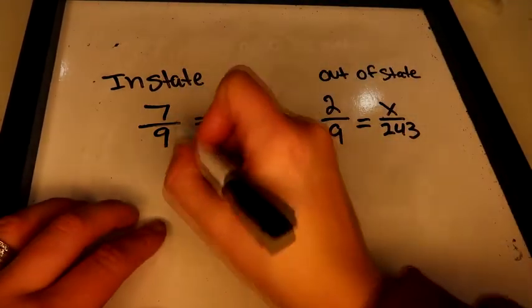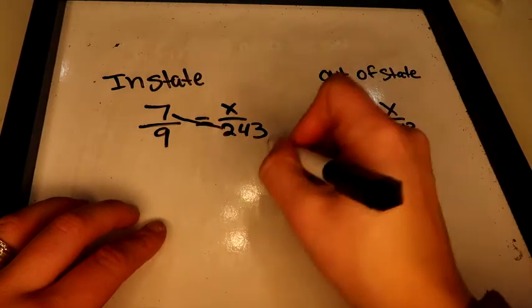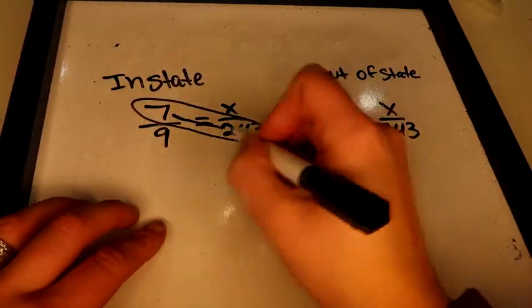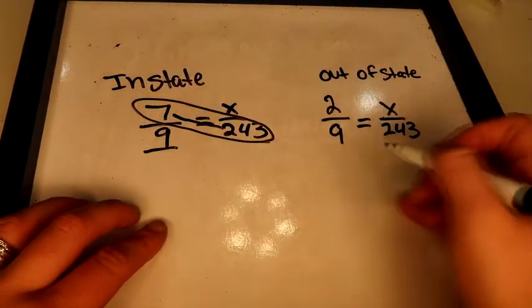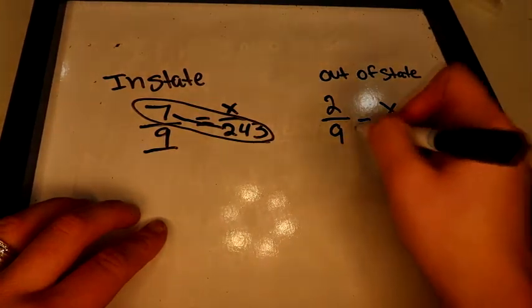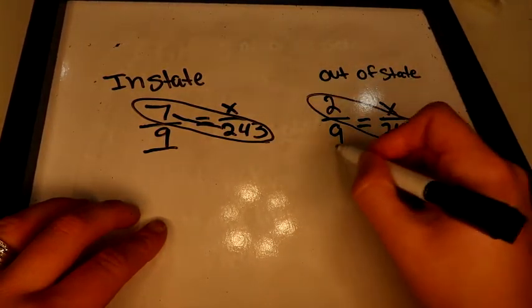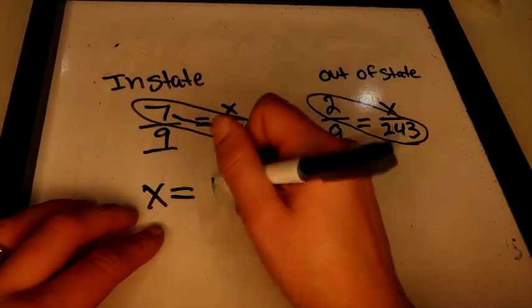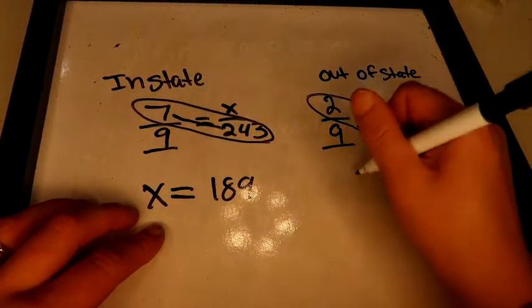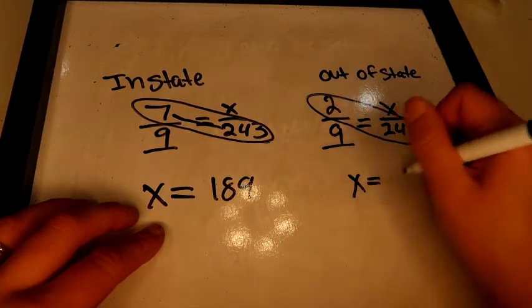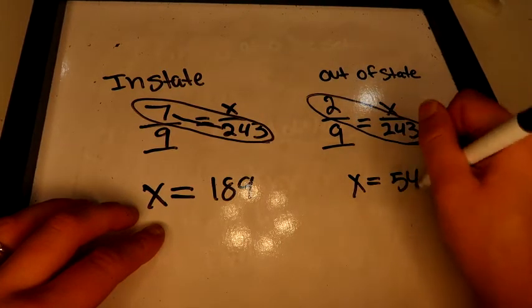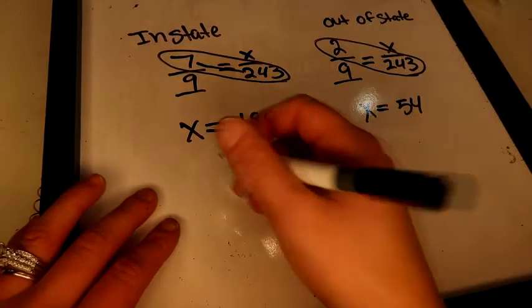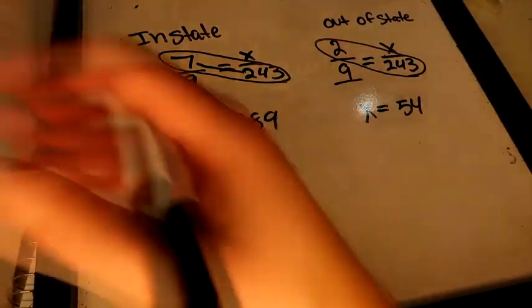Okay? Cross multiply, then divide by 9. We have x equals 189 and x equals 54. Solution.